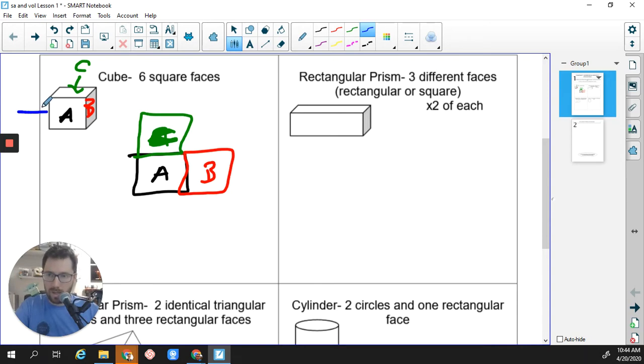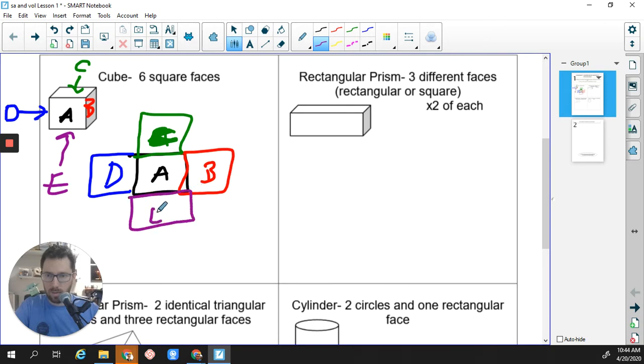So we have a side that's on the other side of A here, so we can go over here and we'll call that D. We also have a side that's on the bottom of A, and we'll call that E. And we have a side that's on the very back, and we'll call that F. So we've got all these different sides, and if we were to fold them together on the seams, they would make a cube.